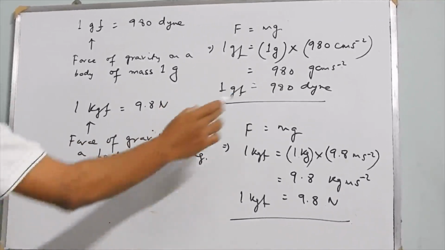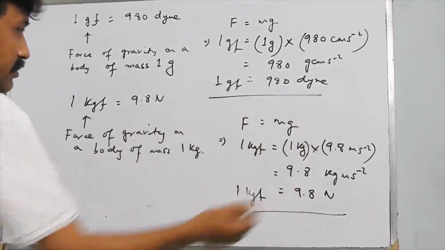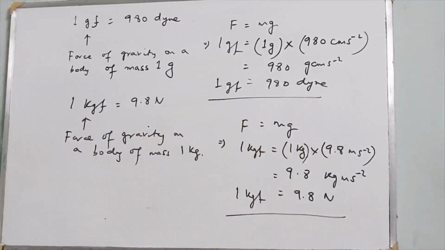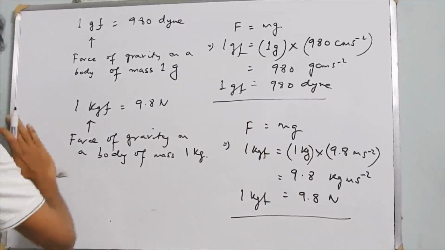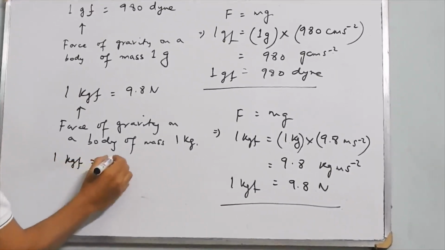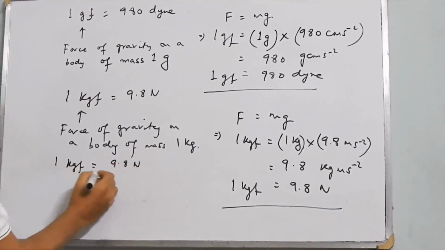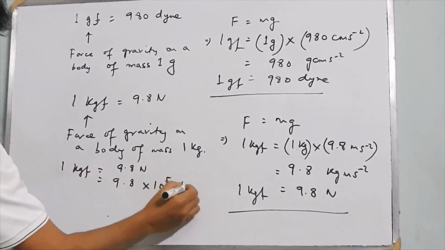Not by 1000 directly you can say, but still if you know the relationship between dyne and Newton, you can do that. So 1 kgf is 9.8 Newton, and we know that 1 Newton is 10 to the power 5 dyne.